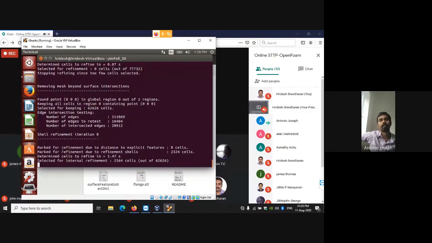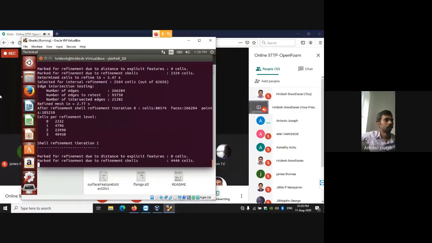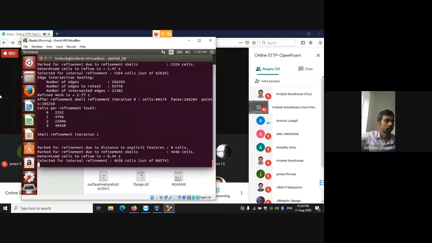So now the meshing is going on. Okay. So let's see how the mesh will look like after meshing.